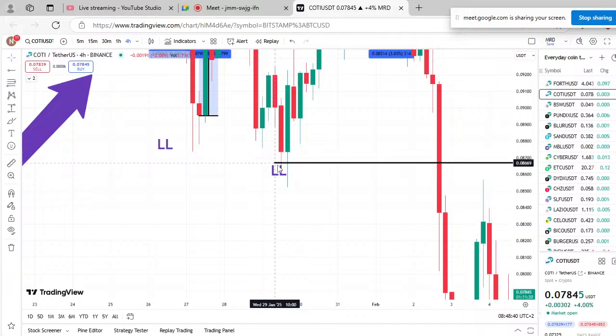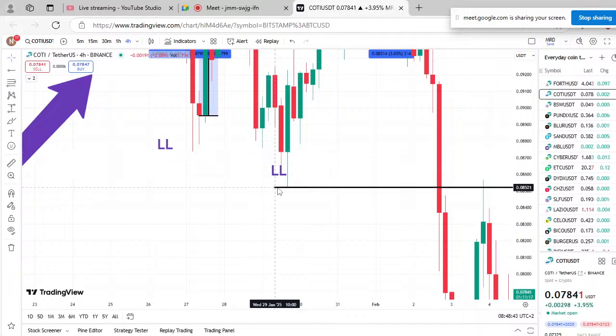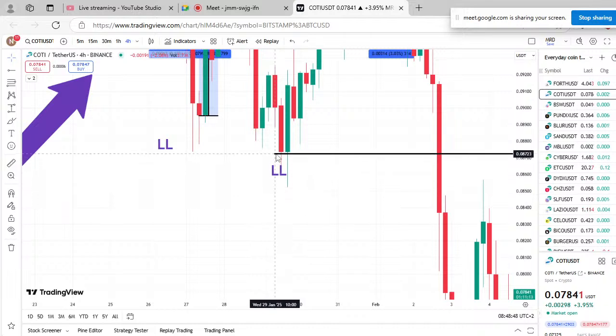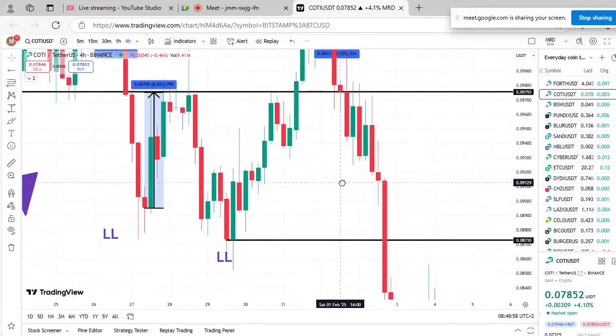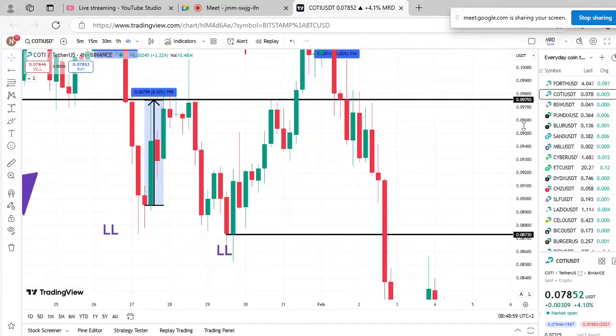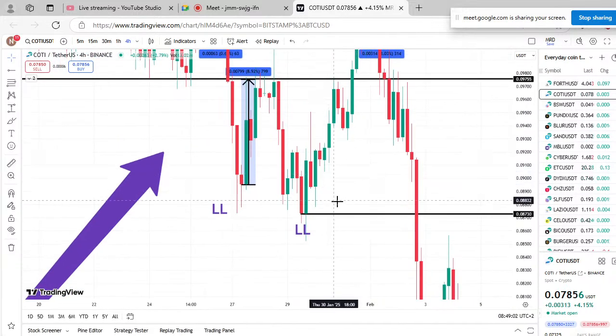We don't put line where the wick stopped from. We put it immediately on the body. The line should be touching the body. We don't consider wick. So this is line.